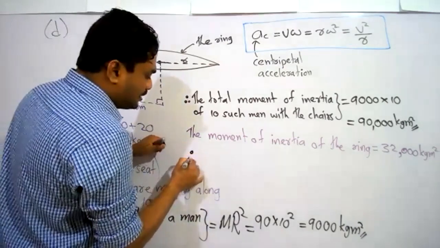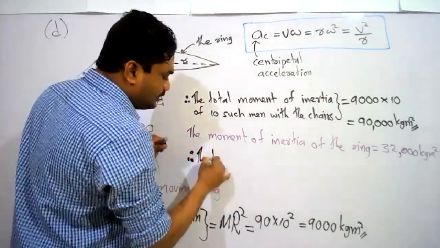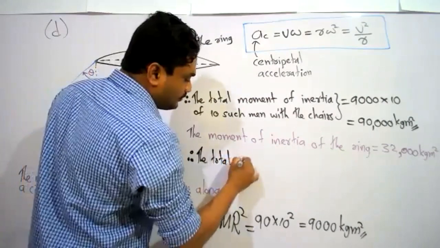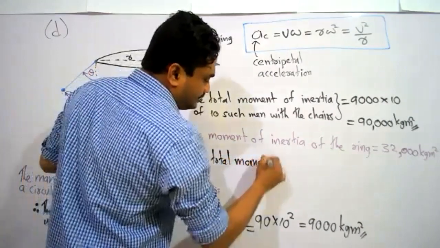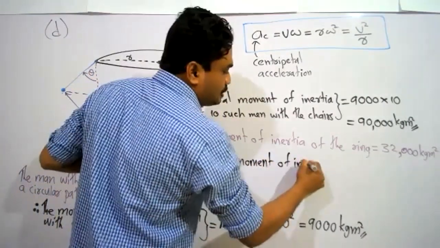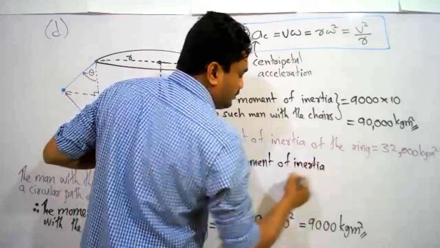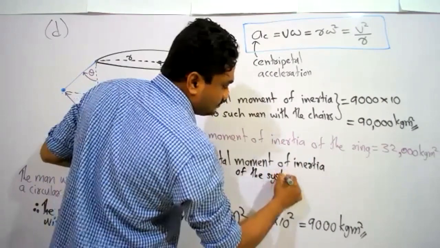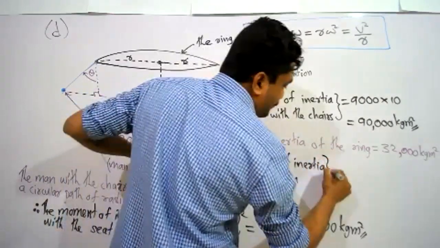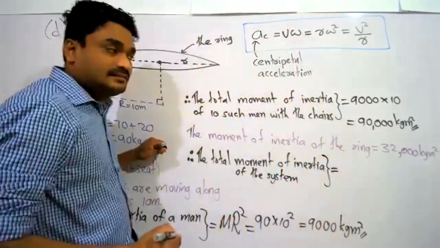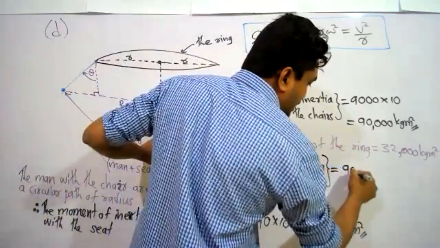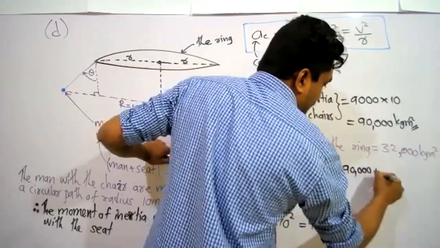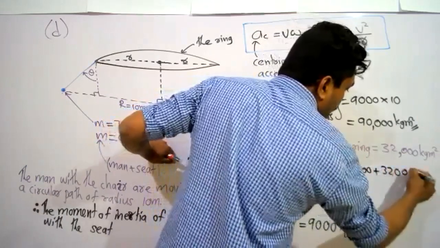Therefore, the total moment of inertia of the system is the summation, 90,000 plus 32,000.